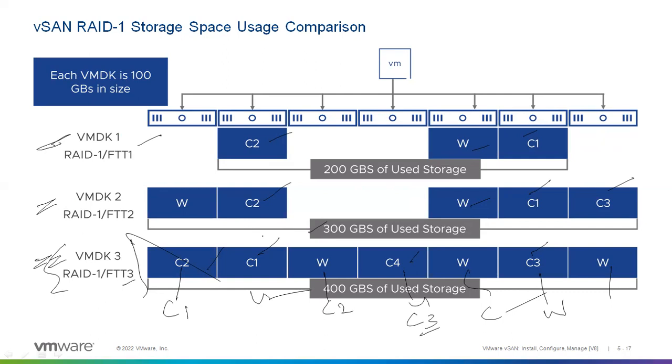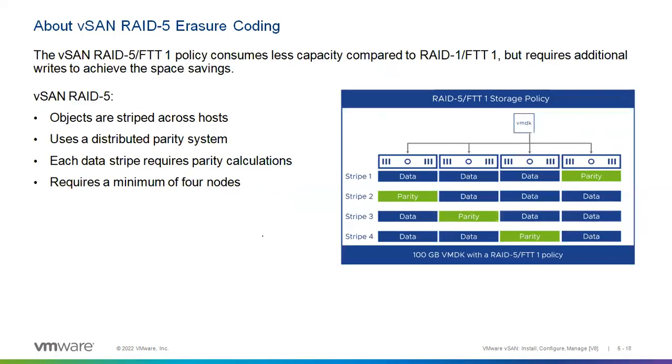All right, we good so far? Yes, sir. All right. Now let's understand RAID 5 as erasure coding, where we refer to FTT1. FTT1 will protect you from one node failure. It is equal to your RAID 1 again, but it gives you storage efficiency. How is it giving the storage efficiency?